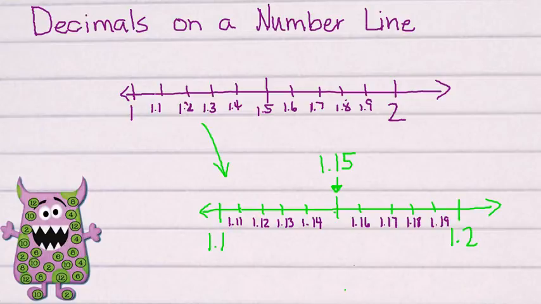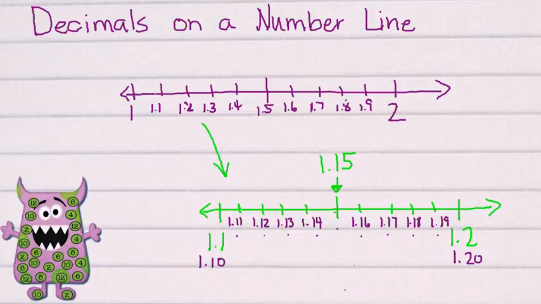Notice again that the numbers go up by 1 each time. So 1.11, 1.12, 1.13, 1.14, 1.15, which we already named, 1.16, 1.17, 1.18, 1.19. Now, you might be confused because it's just 1.2, but remember we can also write 1.2 as 1.20, just like we can rewrite 1.1 to be 1.10.